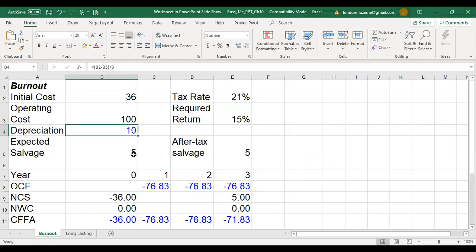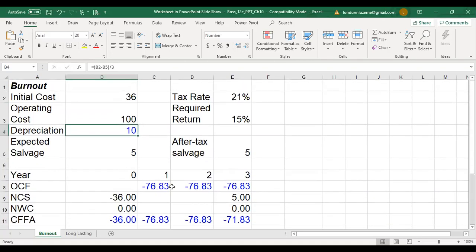Because we're using straight line, we subtract salvage value when we're calculating depreciation. That's why it's $10. So if you go back to our slide when we first showed you straight line, we said cost minus salvage value divided by the life. So that's how we got the $10.